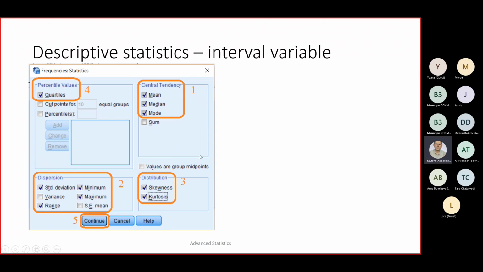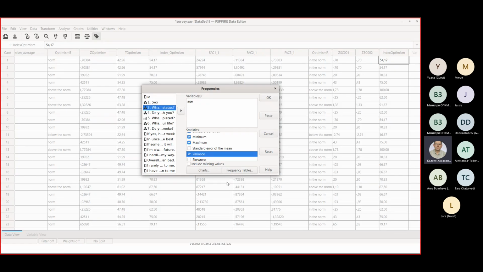The next group is here, measures for distribution, or measures for the shape of distribution. And here we have skewness and kurtosis. And I will check skewness and kurtosis in PSPP.